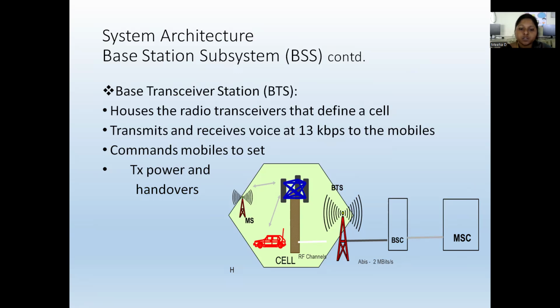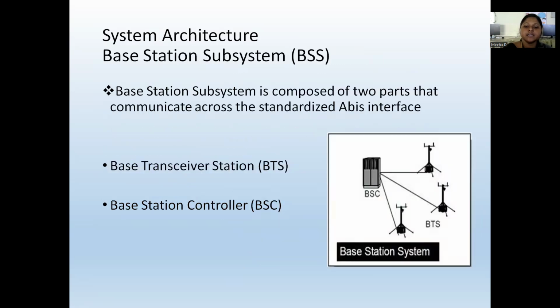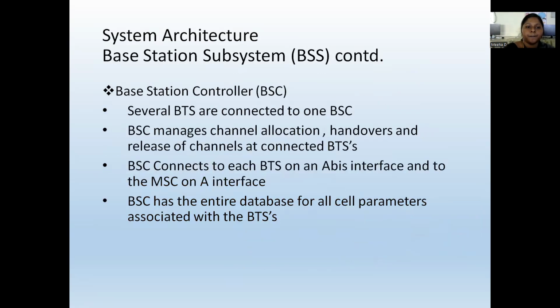This BTS gets the signals from our mobile station and then passes the signal to the base station controller, the BSC. Several BTS are connected to one BSC. The BSC manages channel allocation and handovers.